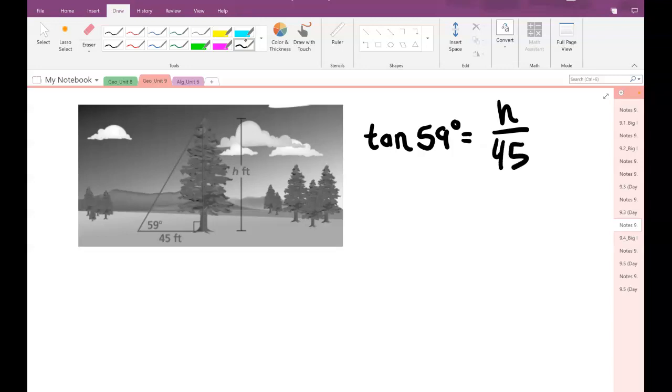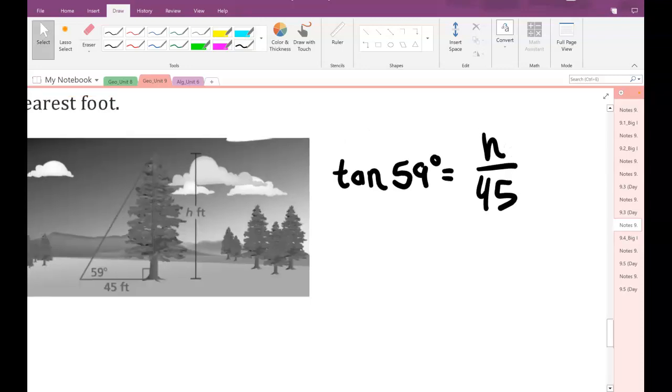We'll save the units to the end, so it's just 45. And just how I got X out of the bottom by multiplying X on both sides, I'm going to get this 45 out of the bottom by multiplying 45 on both sides.